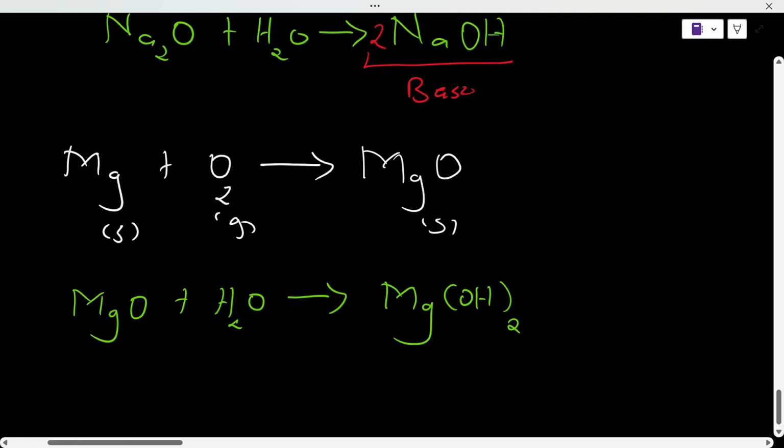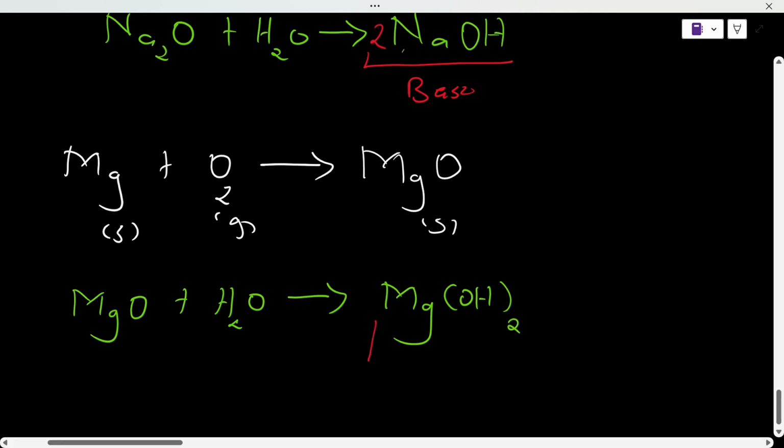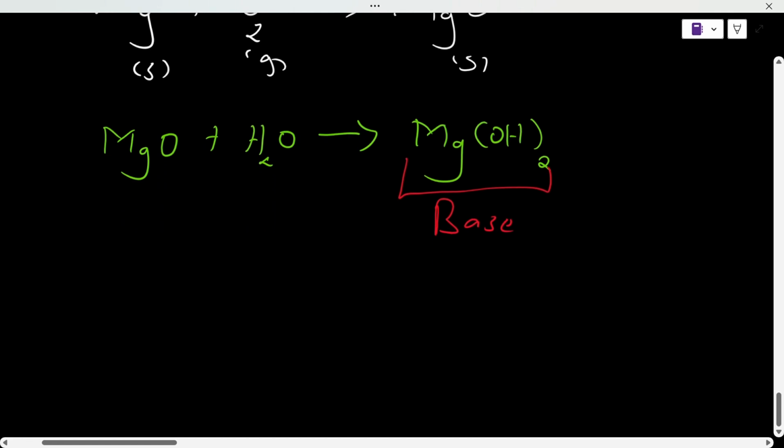When I form Mg(OH)2, the system becomes balanced. So this one is going to be my base for that matter. So that's how we come up with bases.